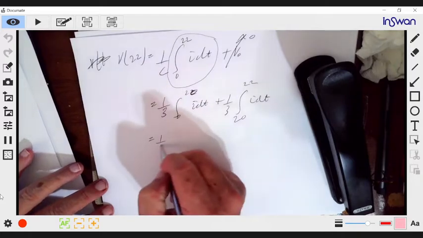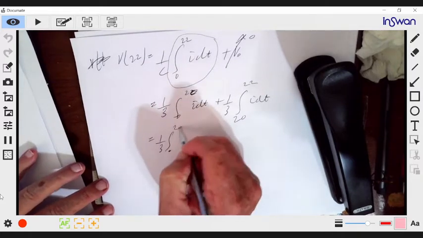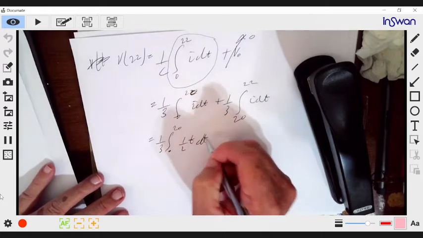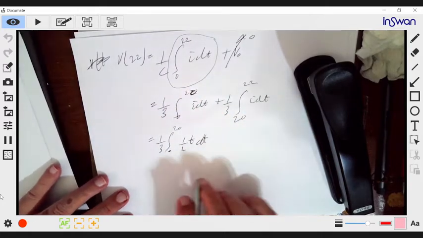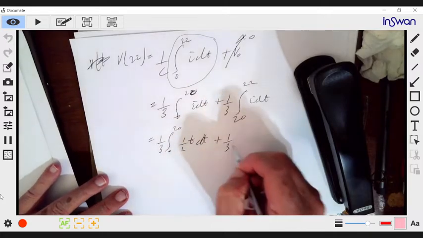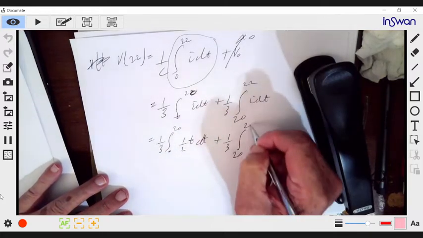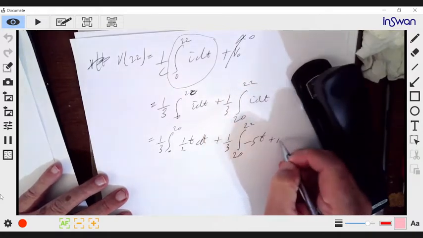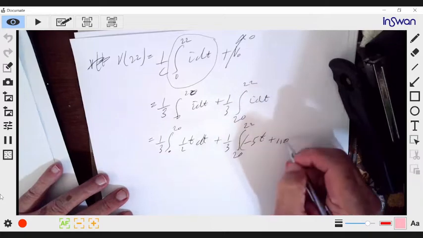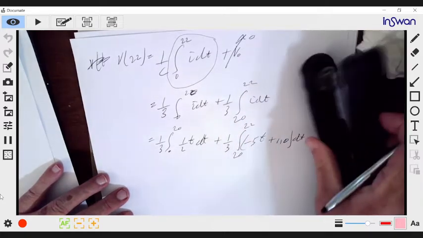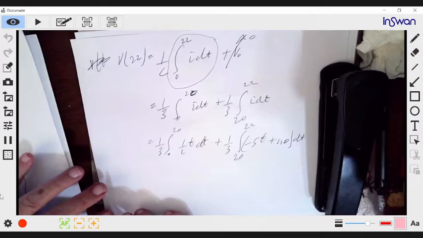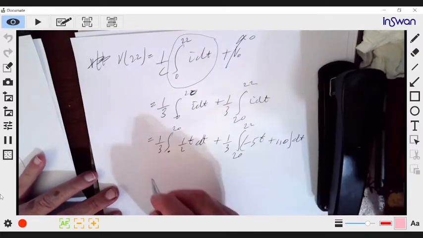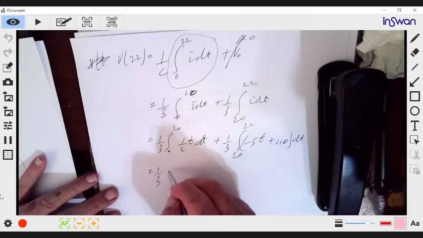So this now is a third, 0 to 20. What's the first I? The first I is a half t. That's the equation of the first I. The equation of the second I, 20 to 22, is negative 5t plus 110. And now we evaluate this.